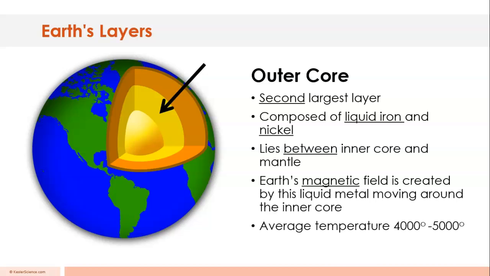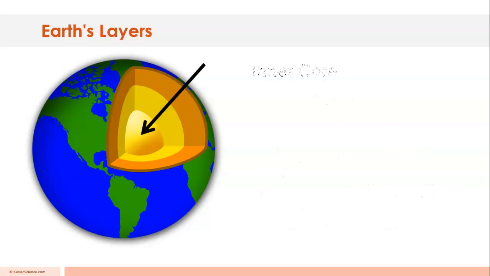All right. The average temperature in the outer core is about 4,000 to 5,000 degrees. It is really hot. All right, the final layer we're going to take a look at is the inner core. It is a solid ball of metal.